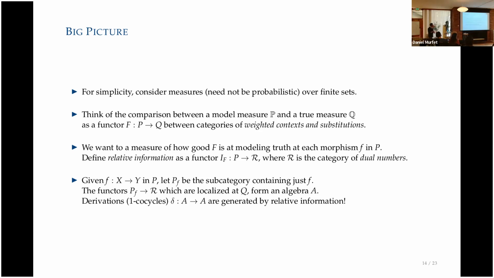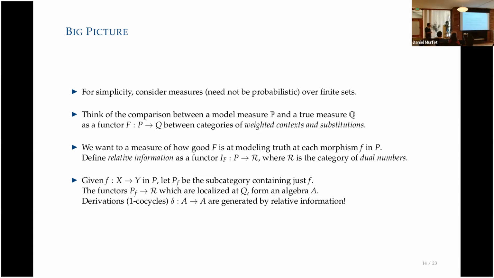And then lastly, I'm going to define some algebra where for each morphism F I have in my model, I define a small little category that contains just F. Then I think of these functors to the dual numbers as forming some kind of algebra. You can multiply these functors together and add them together. They form an algebra.